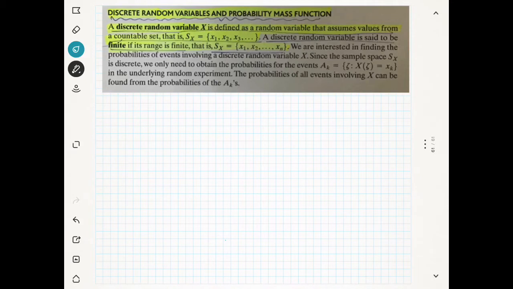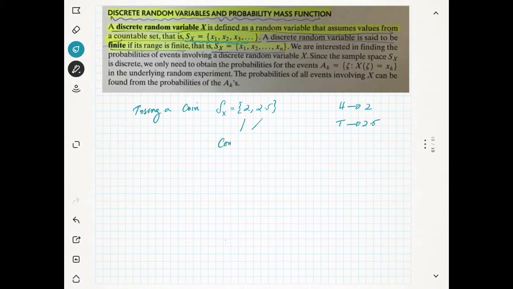As in the previous example of tossing a coin, the sample space means 2 and 2.5. If it is head I assign a value 2, and if it is tail I assign a value 2.5. So this is my sample space, and this is a countable set.